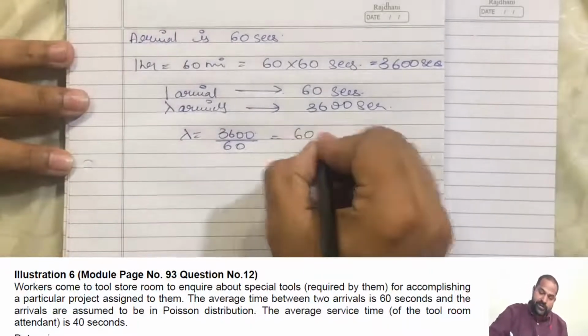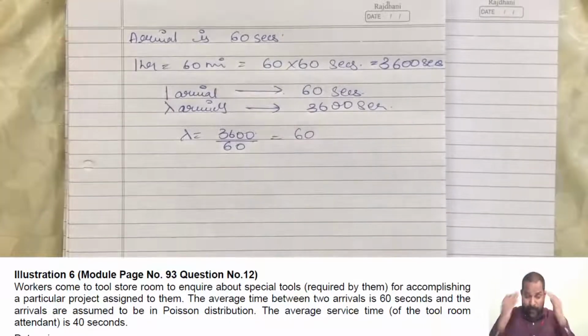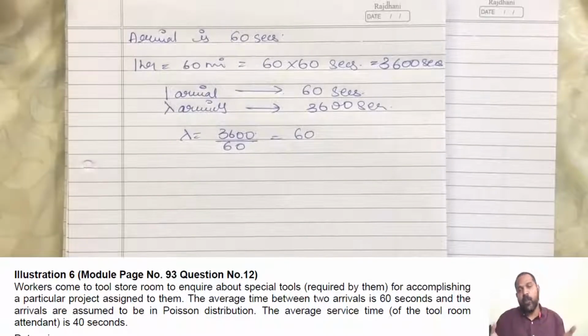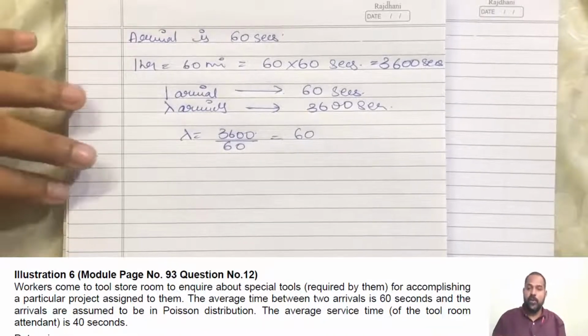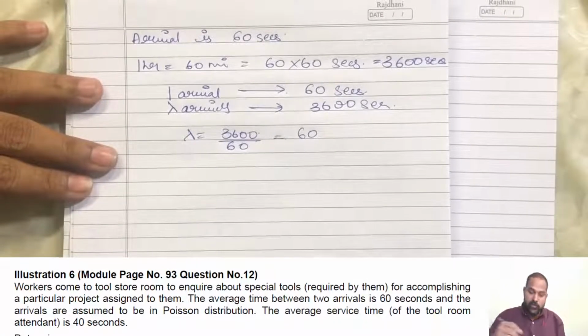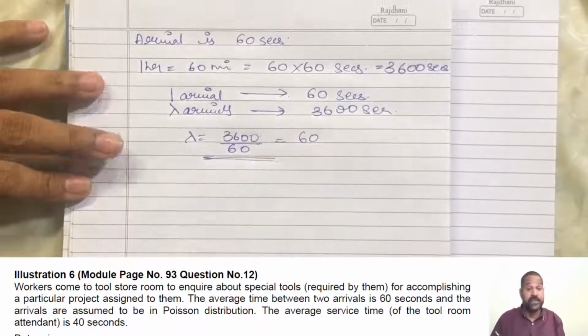So it is 60, which means, and basic common sense, every 60 seconds if one person comes, which means every minute one person is coming, which means in 1 hour 60 people will come, 1 minute per person. So the arrival is happening at a rate of 60.